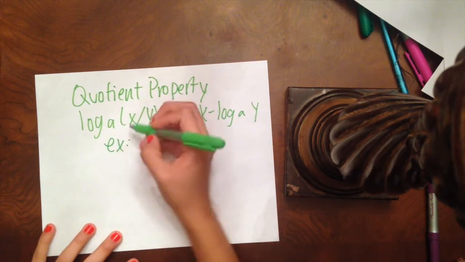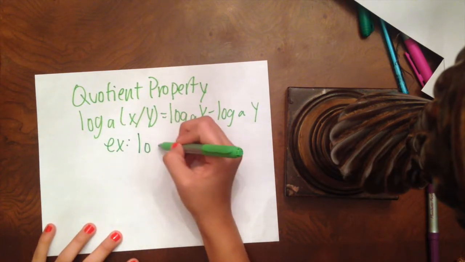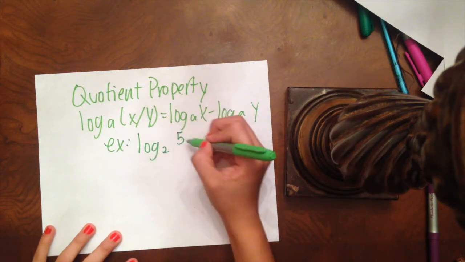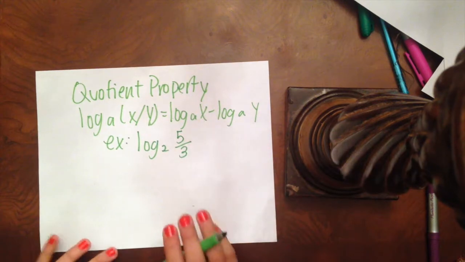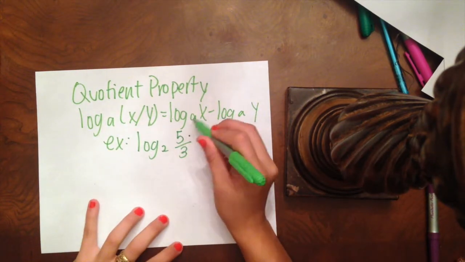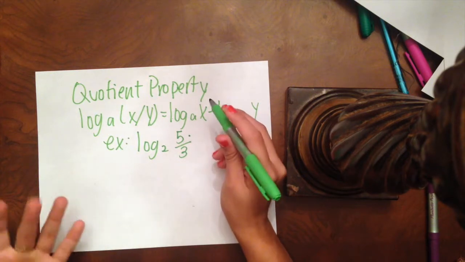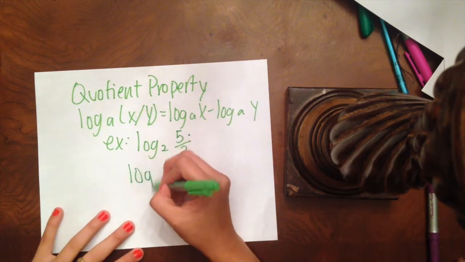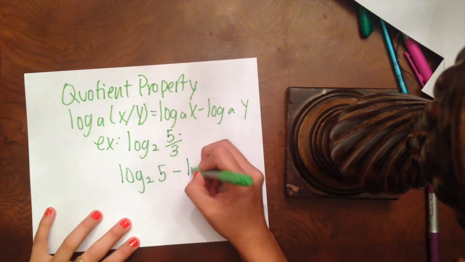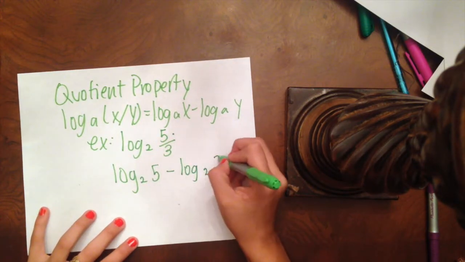Let's take log base 2, again, of 5/3. We can then use this property, so we would take log base 2 of 5 minus log base 2 of 3.